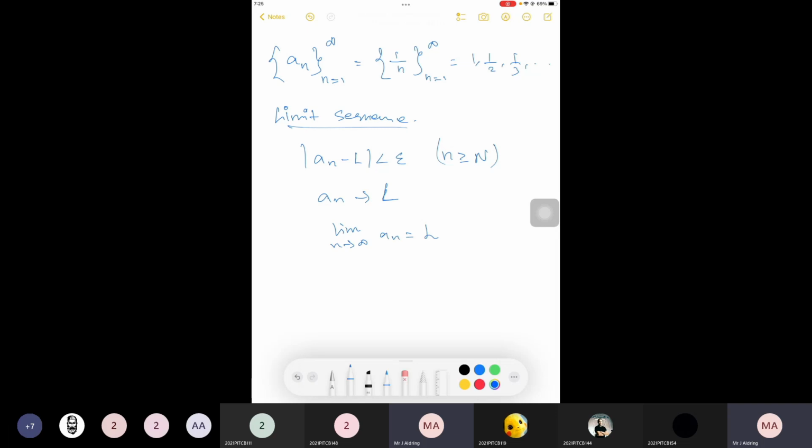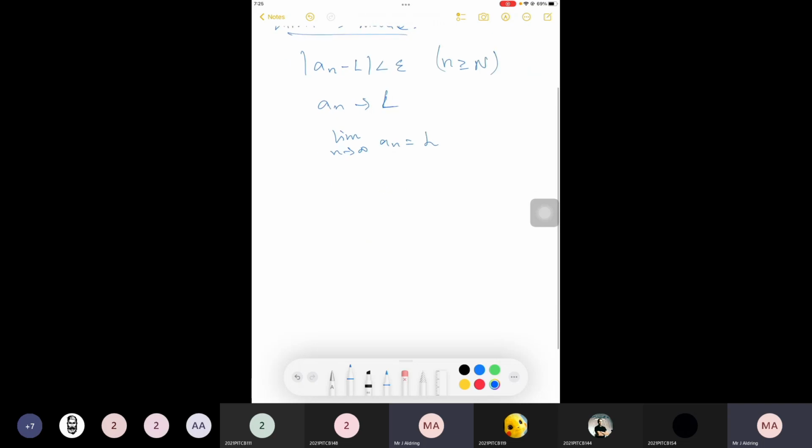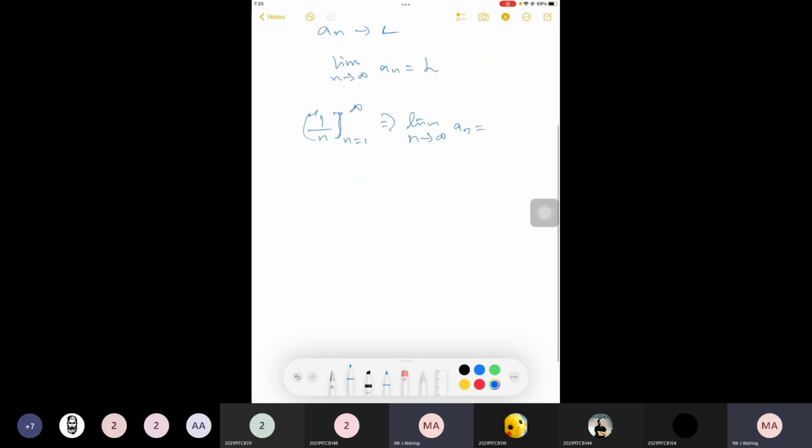I will explain the problem very clearly. You may consider 1 by n when n tends to infinity. When you apply the limit here, the limit of a_n, if you substitute, 1 by n equals 0.